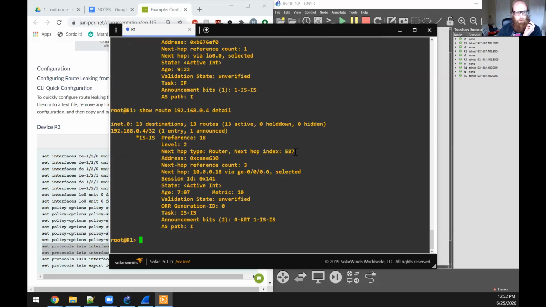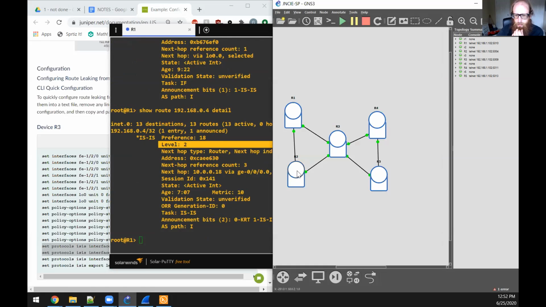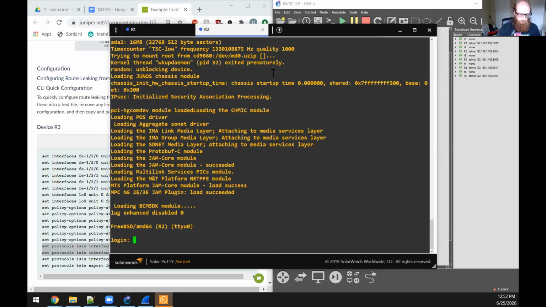One thing I do find interesting, however, is that I am learning the route from router 2, but I'm learning it as a level 2 route, even though I did configure that policy on router 2 as well.